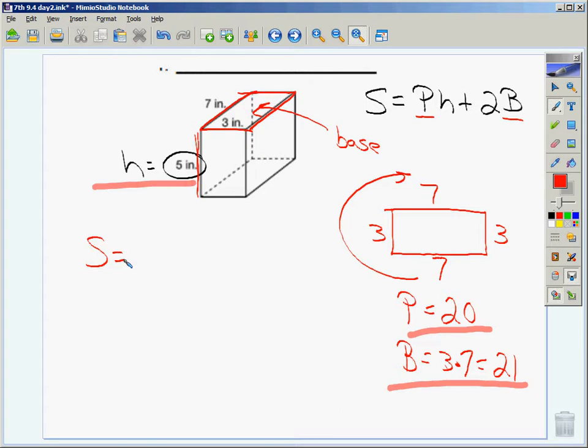S equals, what do I put in place of P? 20. What do I put in place of H? 5.